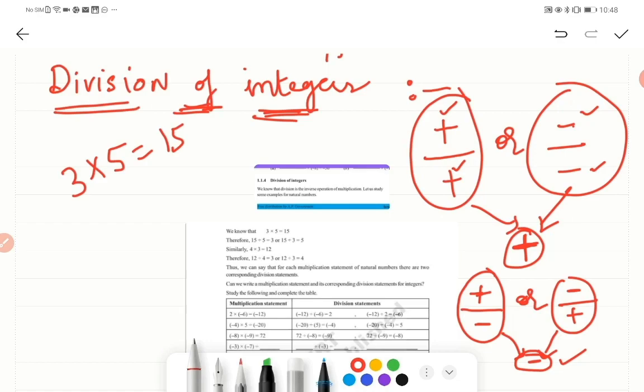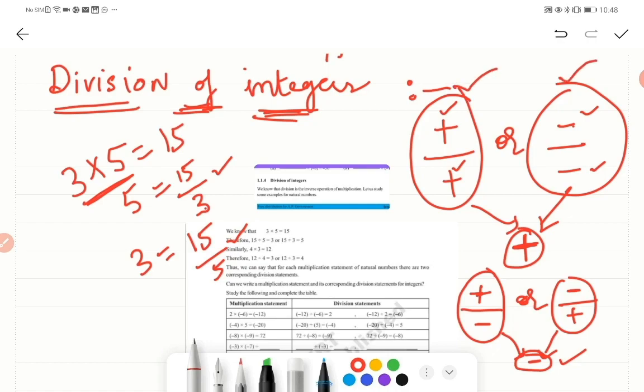Therefore, 5 is equal to 15 divided by 3, or 3 is equal to 15 divided by 5, right? Division is just the inverse of multiplication, so the rule for the sign of the output will be the same.